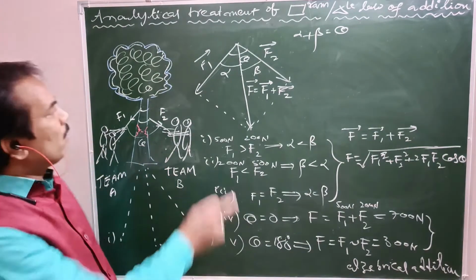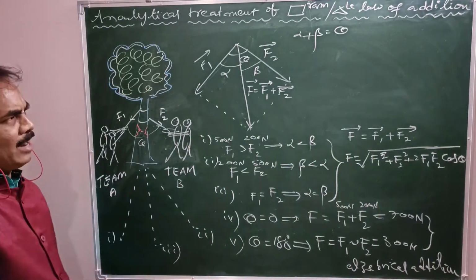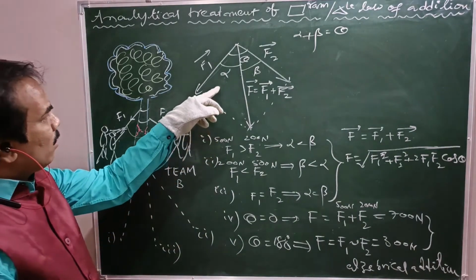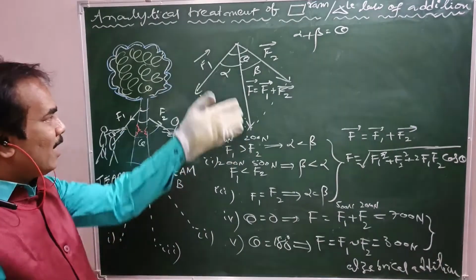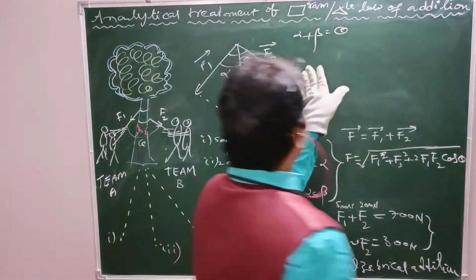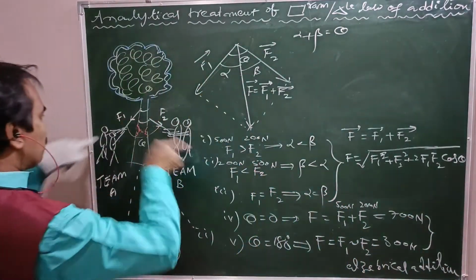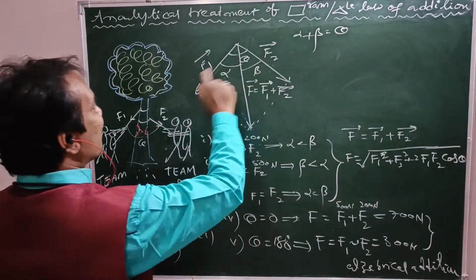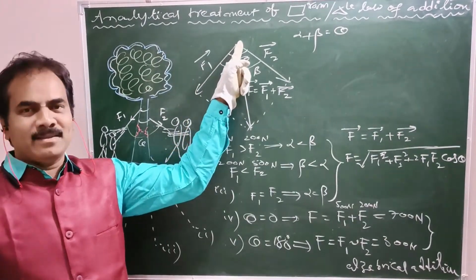Now, the same can be realized by drawing a triangle also. Here we have drawn a parallelogram to get the resultant. Now what about the triangle? How to construct the triangle? See, these two are parent vectors. In this case, both are joined coinitial, means both tails are meeting.